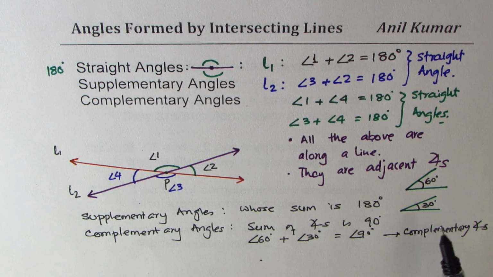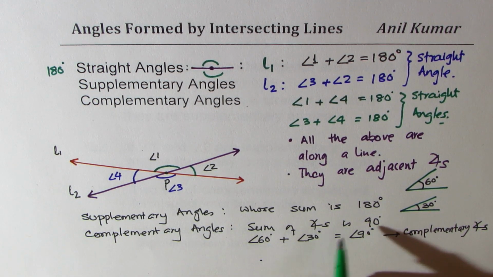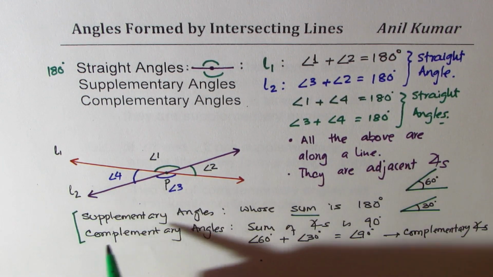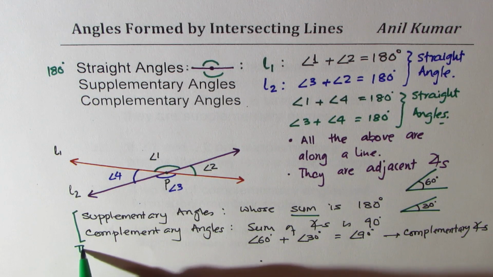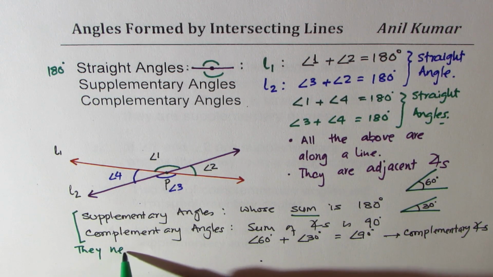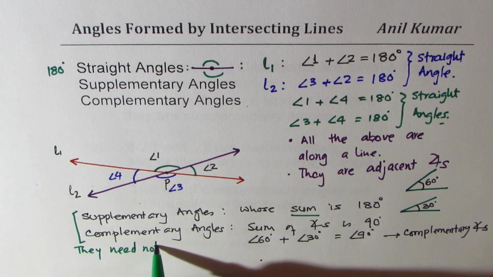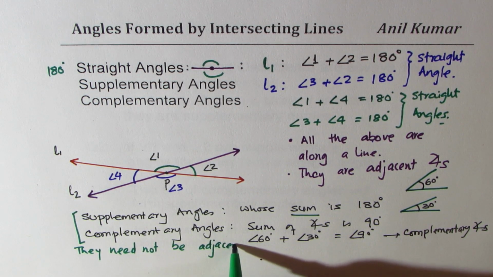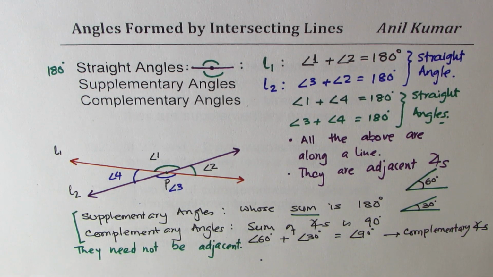So you notice that for supplementary and complementary angles, we are only talking about the sum, right? They need not be adjacent. That is important to understand.